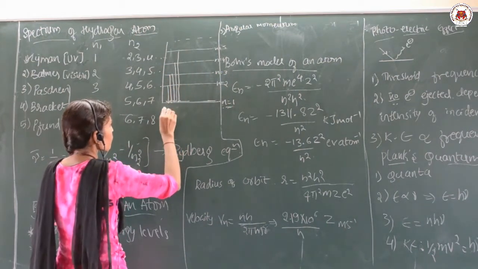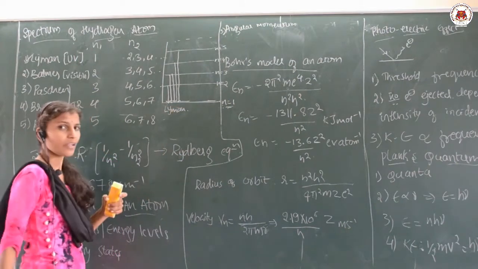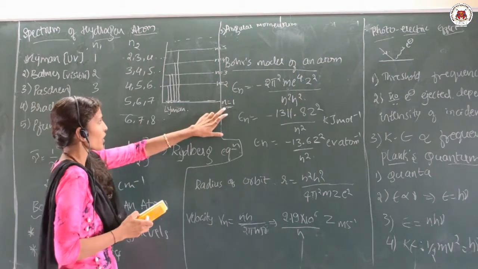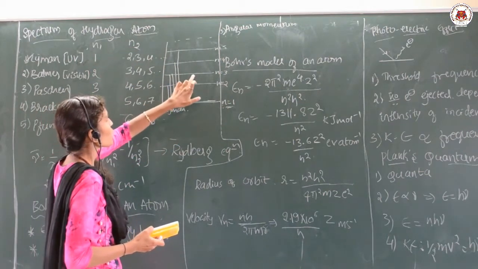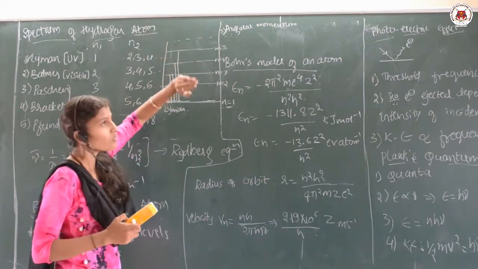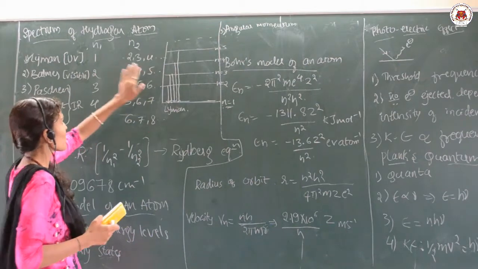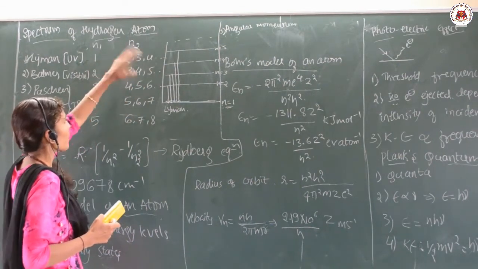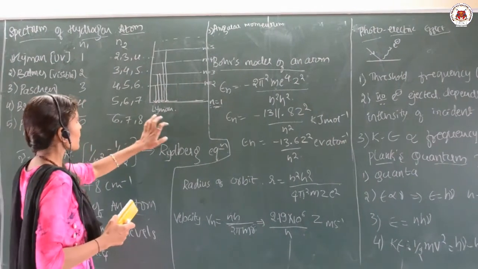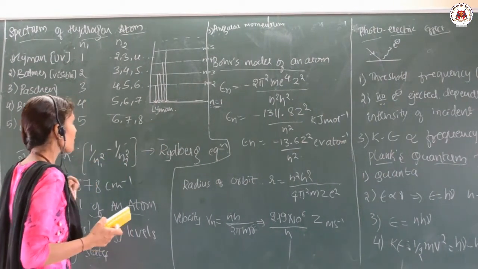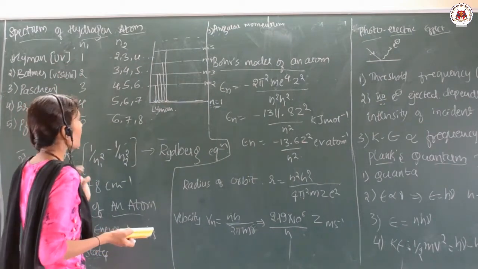This series is known as the Lyman series. Here the value of n1 is 1 while n2 is 2, 3 and so on. The first level is n1, and the higher levels mean 2, 3, 4, 5 and so on. Like this we can explain the Lyman series, and the Lyman series is present in the ultraviolet region.